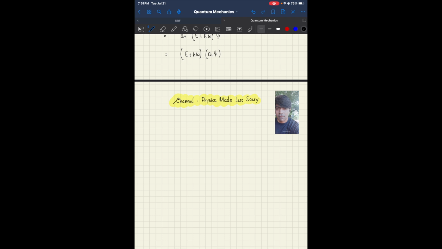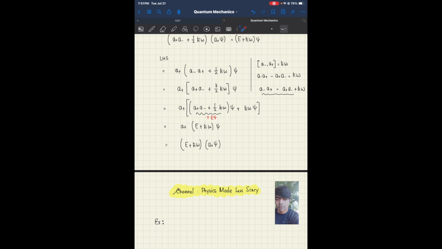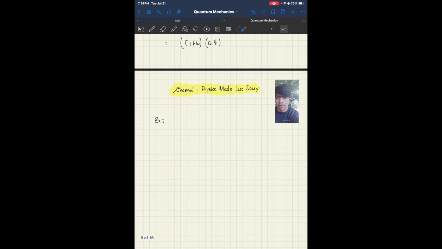Exercise. Exactly as I did here, using this commutation relation, prove the following, that in fact the other way around, a minus a plus minus half h cross omega acting on a minus psi is equal to e minus h cross omega times a minus psi.